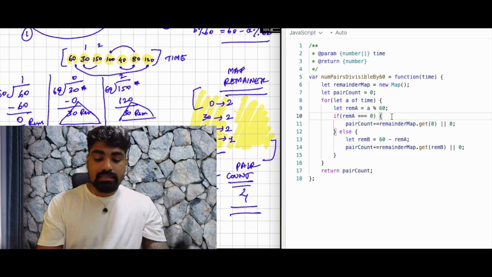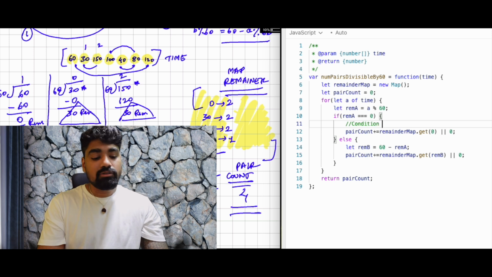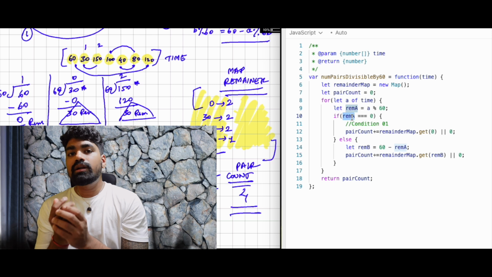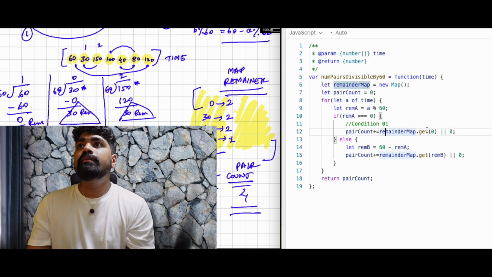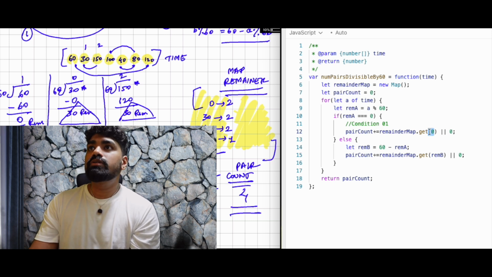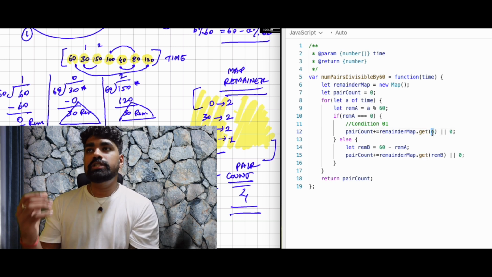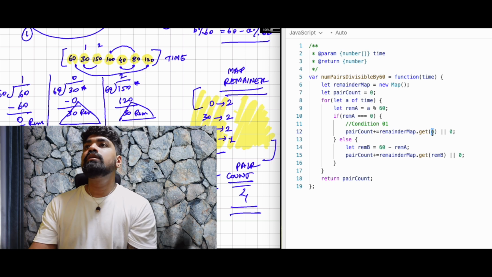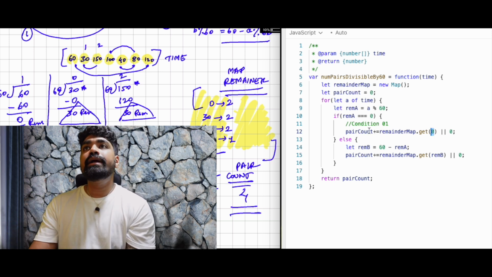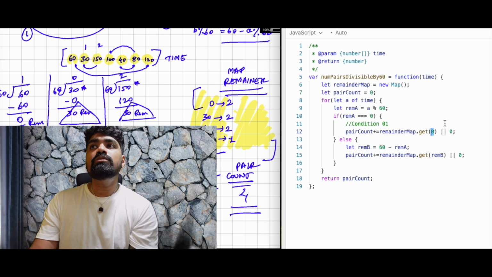The first check is condition 1 that we said, wherein once you find an a that has a remainder of 0, you try to find a b that also has a remainder of 0. So you just try to find the remainder, which is by default going to be 0. If it exists, whatever count it has, just take it up and increment your pair counter. Otherwise, default to 0.